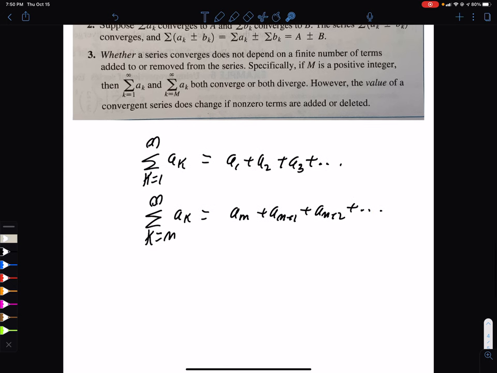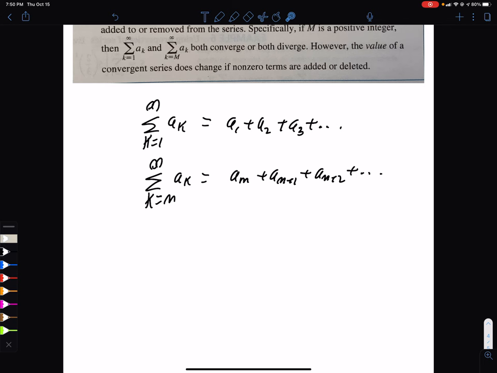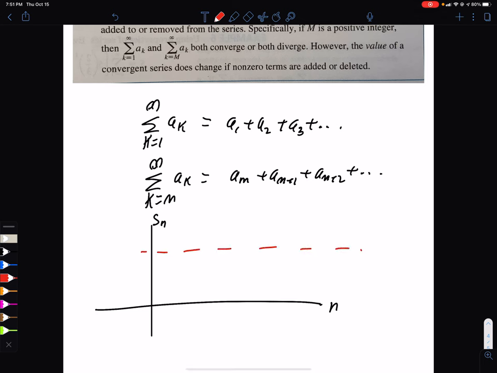And here is the reasoning. I'm going to draw the partial sums, not the actual terms of the series. These will be partial sums. So S sub n, and these are the number of terms. And if a series converges, the partial sums will approach what it converges to. We'll say it converges to L. So suppose this is series A sub k.